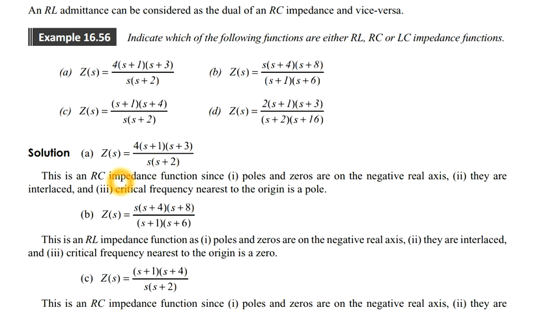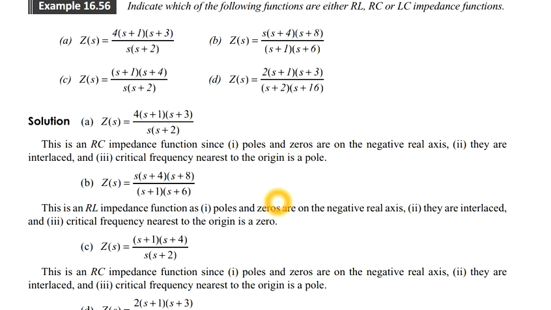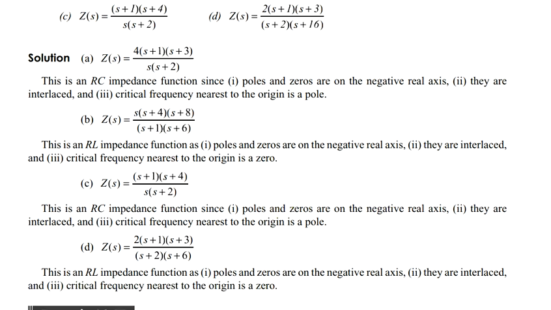Okay, that is the main difference between RC and RL. Maybe with that property you can easily observe or get it. Let us see the part B. So here there is a 0 at s equals to 0, and at -4, at -8, and at -1 and -6 we have poles.